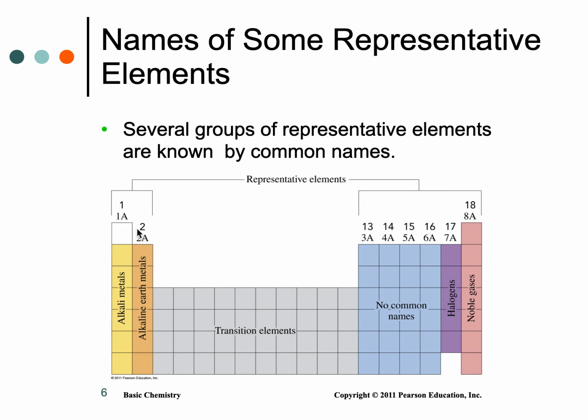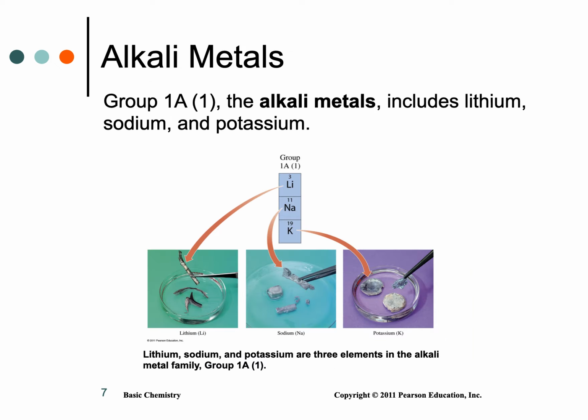So group 1 has 1 electron in its outer shell, group 2 has 2, and when you skip all the transition elements, the next one that would have 3 in its outer shell is 3A, or 13. So those have something in common as well. You separate in your mind why the first 2 and the last 6 have something in common, and the transition elements are separate, thought of in a different way.